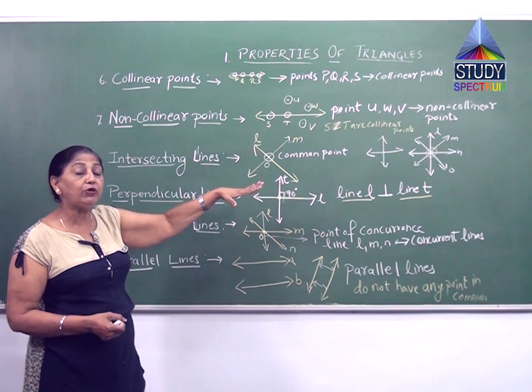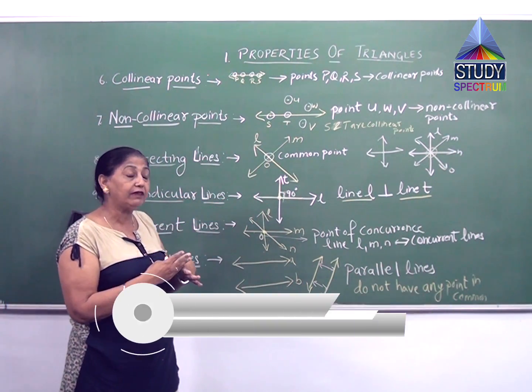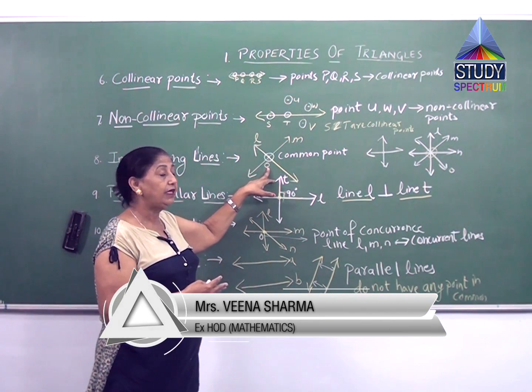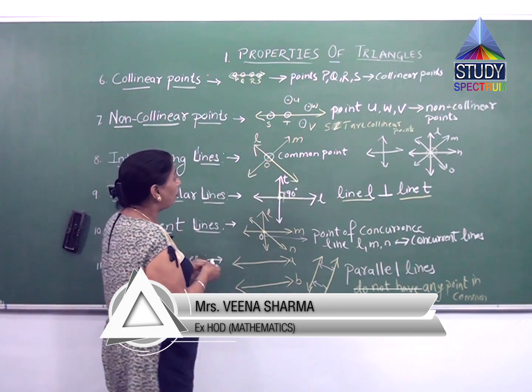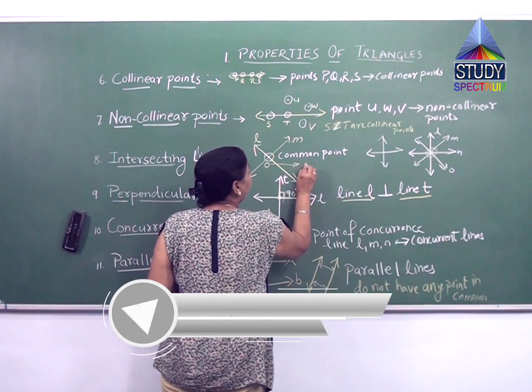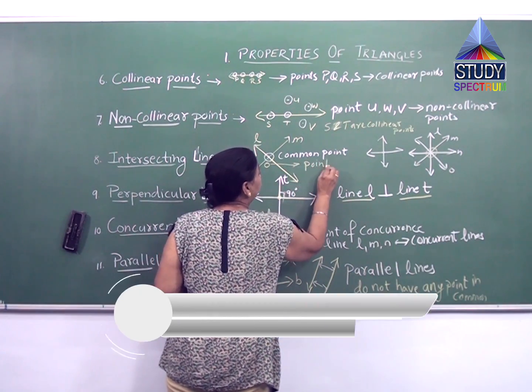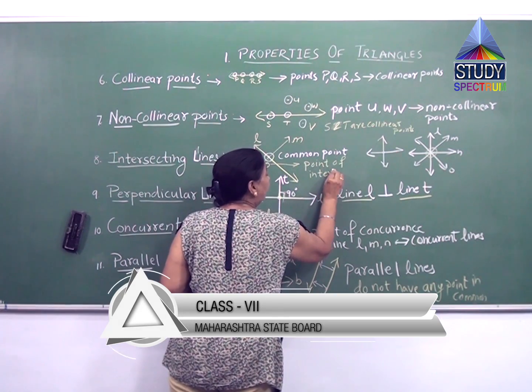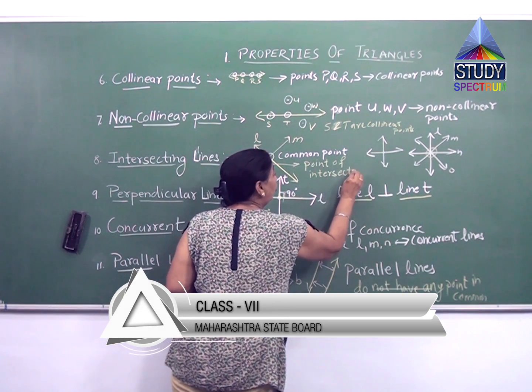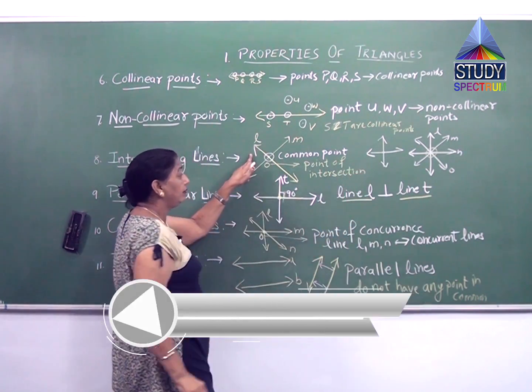Intersecting lines means when two lines cut each other at a point. That point is known as the point of intersection, and that point is common to both lines, right?